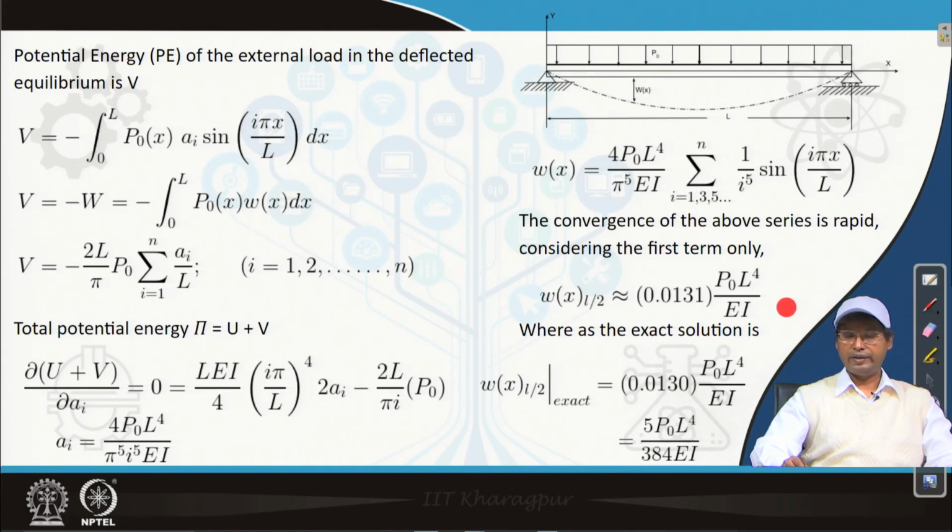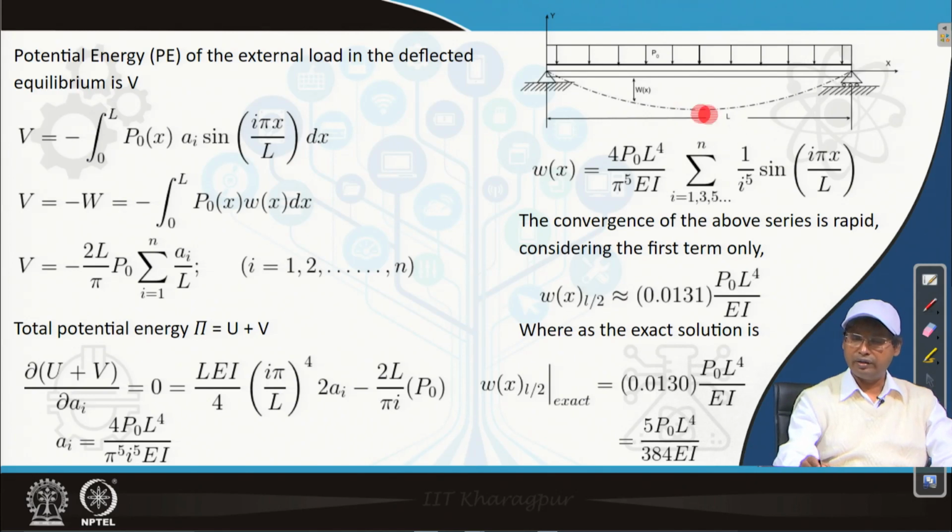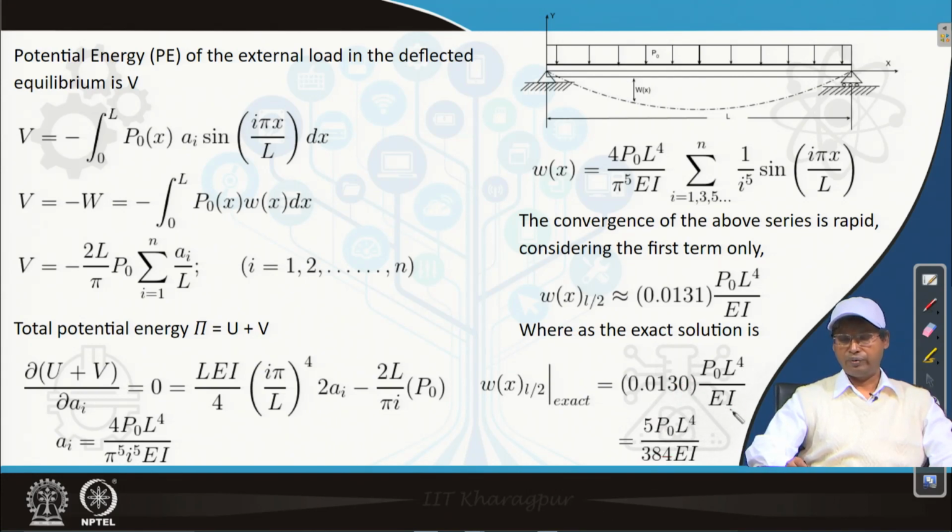If we consider the first term and put x equal to L by 2, we have the central deflection as 0.0131 p 0 L to the power 4 by E I. Please note that the exact value is 0.0130, which is nothing but 5 by 384 p 0 L to the power 4 by E I. So, with the first term only it is quite accurate, right.